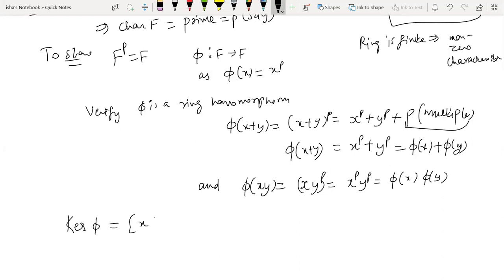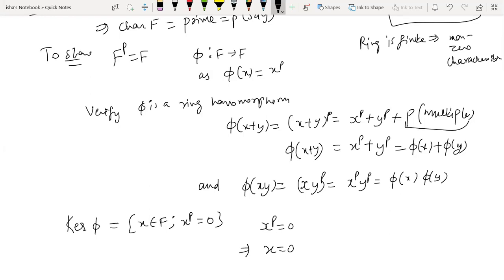The kernel of phi will be all those elements whose image is zero. Image is zero means x raised to power p, because that is phi x, is zero. So that means we are looking for nilpotent elements, right? Whose some power is becoming zero. We know that zero is the only nilpotent element in an integral domain.